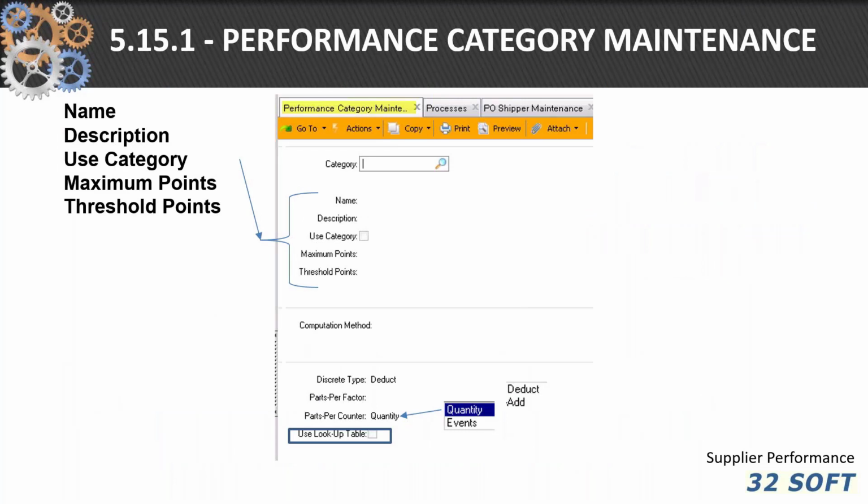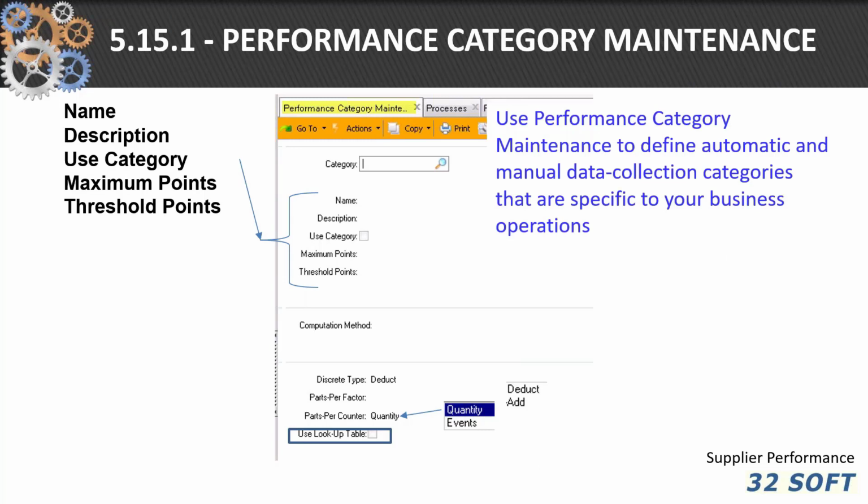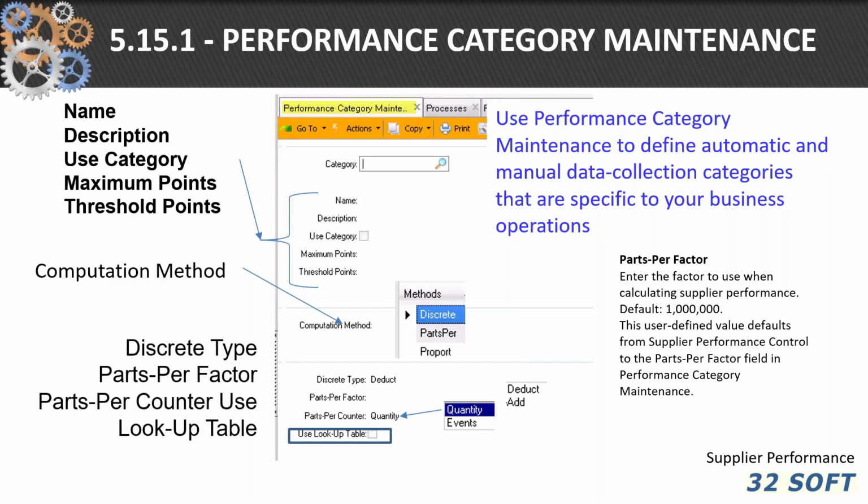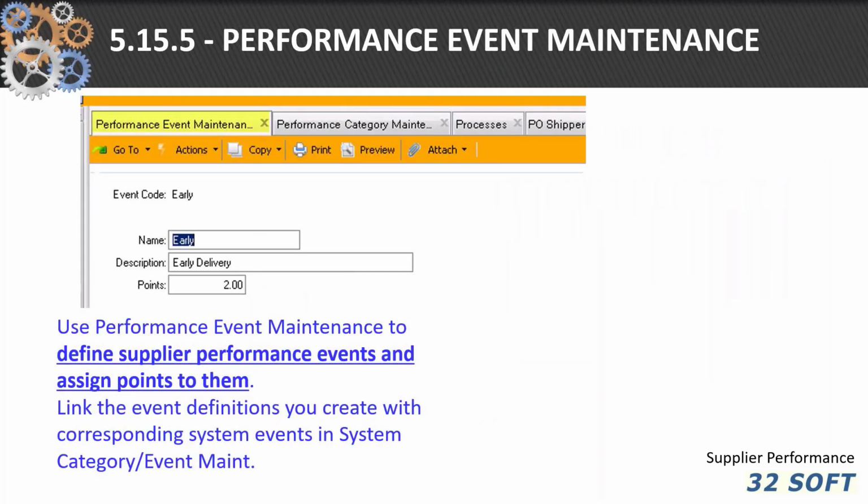In 5.15.1, you can form performance categories, so you can do that for manual data collections or the automatic. There's how you set your calculation methods for either discrete, parts per calculations, or proportional. And then you've got whether you're going to measure discretes, what's your part period factor, counter lookups, and if you want a lookup table, you can also define those.